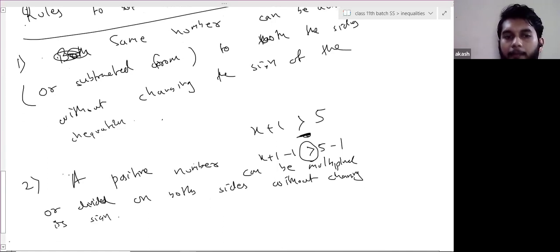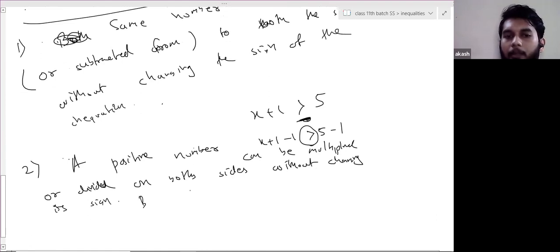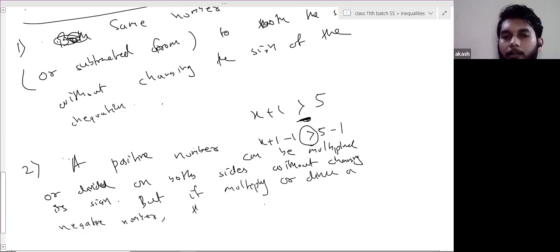All right, but if you multiply or divide by a negative number, then the inequality changes.